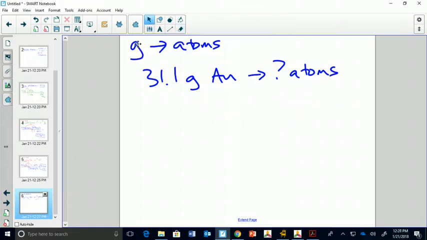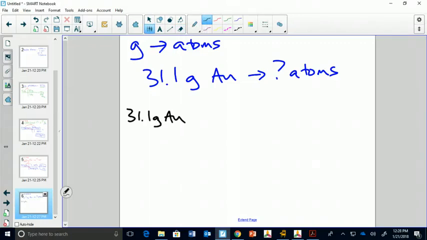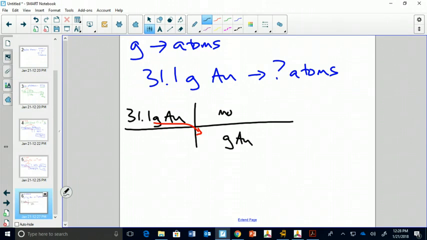So we'll start off with what's given to us, 31.1 grams of gold. Again, notice I'm using my units. And I'm going to plug in, because I need to get from grams, because of course whatever I have here goes there. So grams of Au in moles of Au. I can't go directly from grams to atoms.